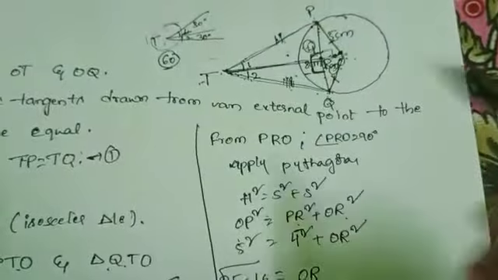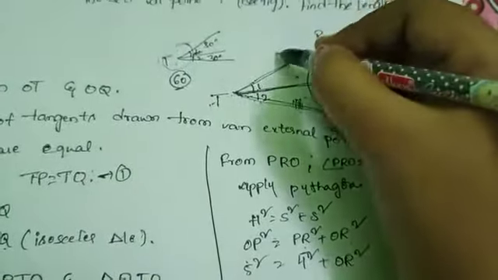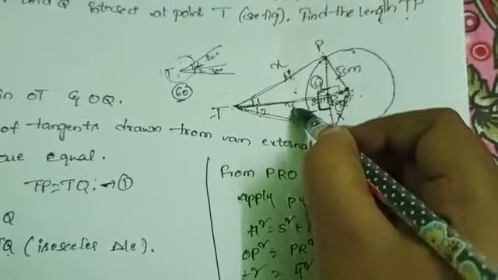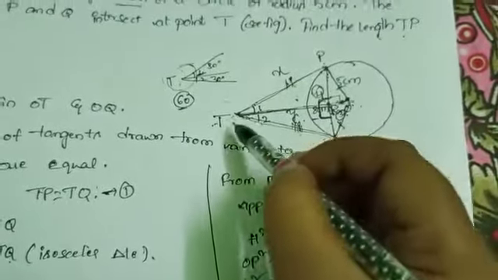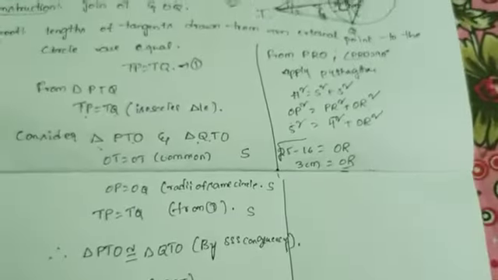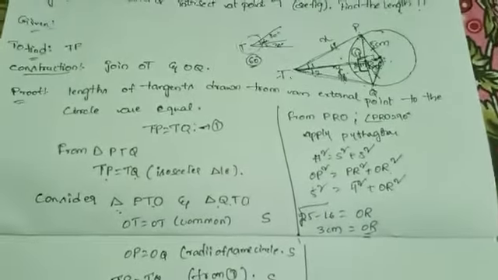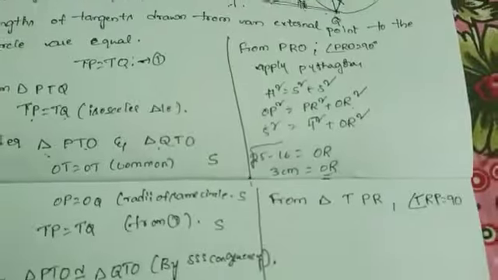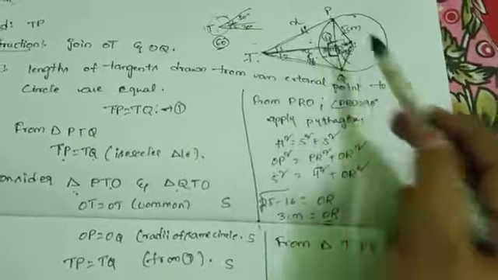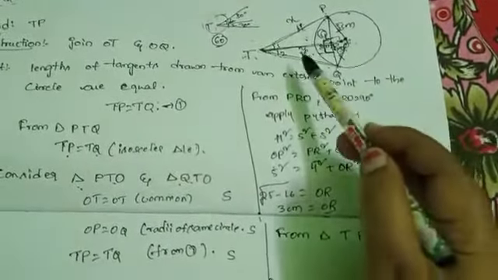Here we have to find the TP length. Let TP equal to X units and TR equal to Y units. Here consider the triangle TPR. This is a very lengthy and very important problem. In triangle TPR, angle TRP equal to 90 degrees, so apply Pythagoras theorem.